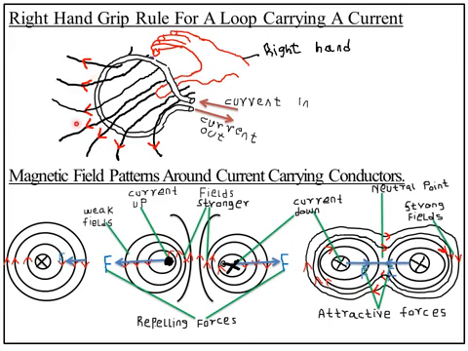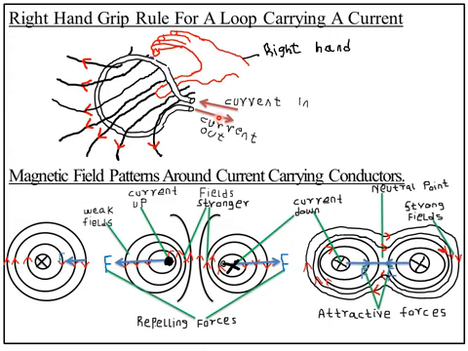They originate from the same point, but they are in a loop or circular manner. Now, the right hand grip rule for a loop carrying a current states that if the fingers of the right hand encircle the current loop such that they point in the direction of current, the thumb points in the direction of the magnetic field formed through the inside of the loop.